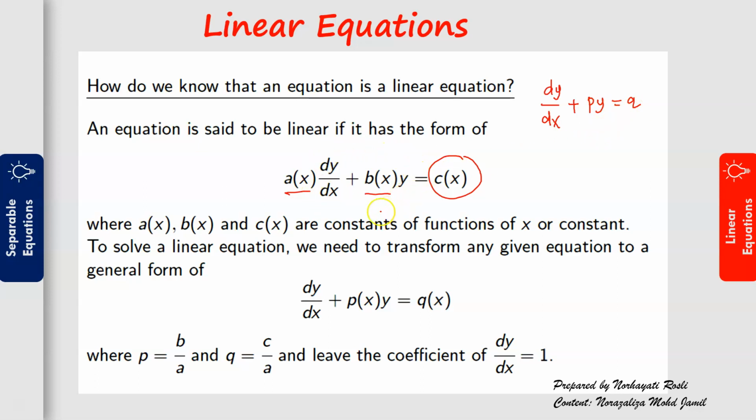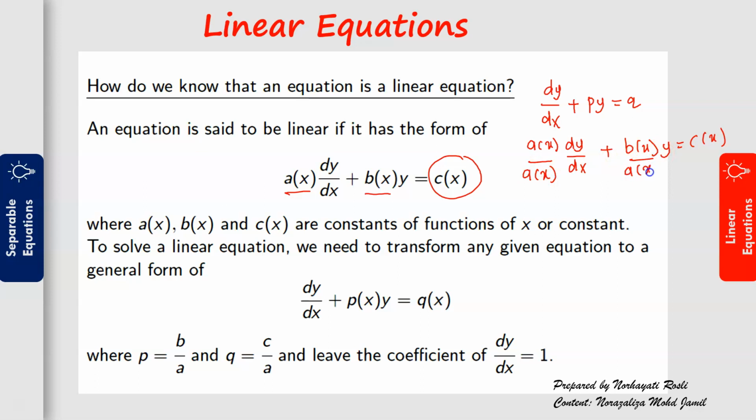If I want to write this in general form, it means that I need to make the coefficient of dy/dx equal to 1. So now I have a(x) dy/dx plus b(x) y equal to c(x). To make this coefficient equal to 1, I need to divide the whole equation by a(x).